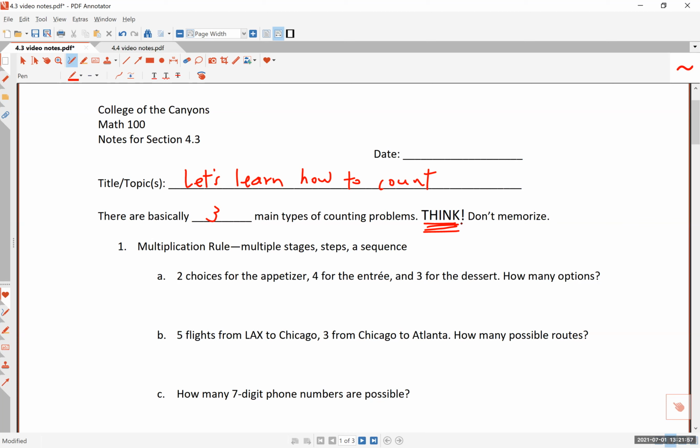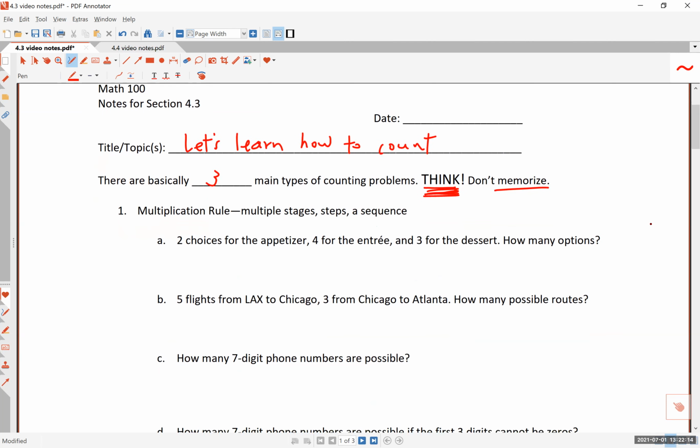And so I want you to, again, wear your thinking cap and try not to memorize procedures and formulas. And so for these reasons, I am actually not going to present certain formulas that you see in the book, but rather I'll show you a way to think and to solve these problems without knowing the formulas.